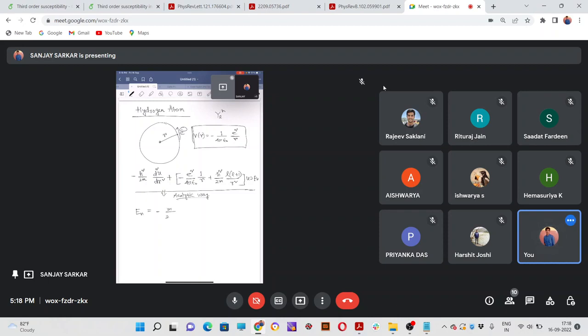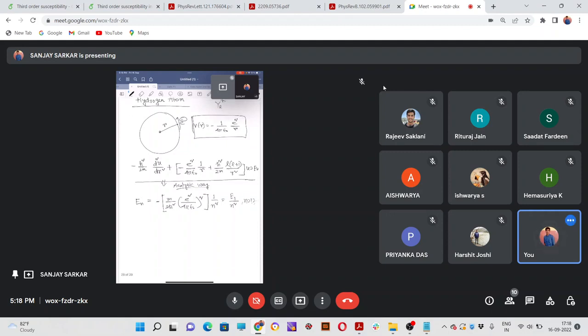minus m by 2 h bar square times (e square by 4 pi epsilon naught) whole square times 1 by n square, which is also equal to E1 by n square, where n is 1, 2 and so on, integer values, and E1 is m by 2 h bar square times (e square by 4 pi epsilon naught) whole square.